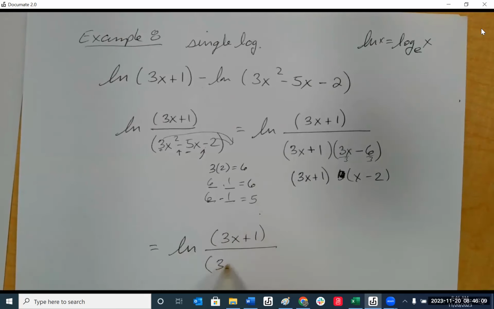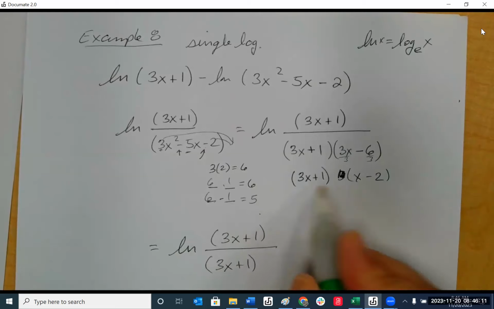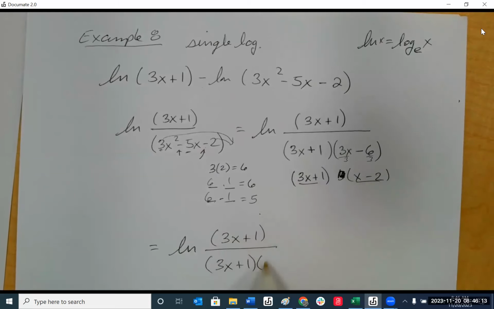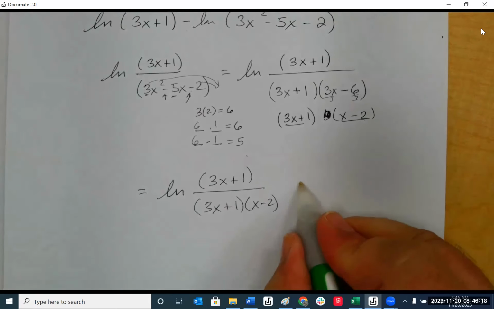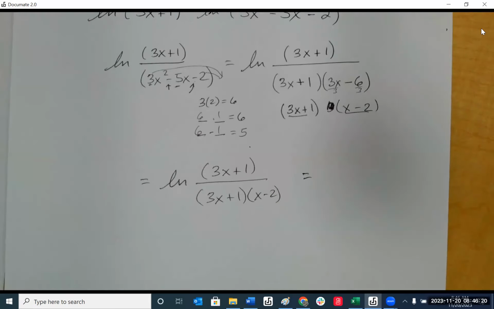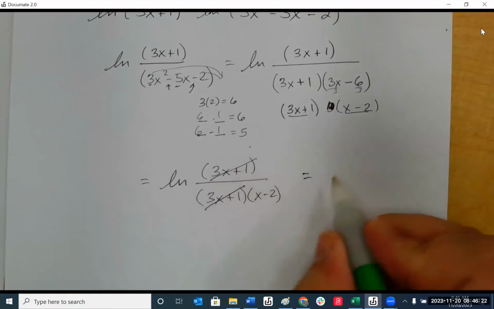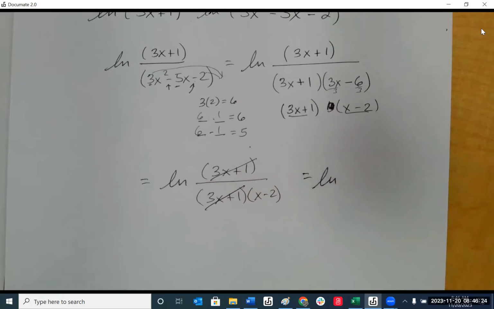So what we have now on the bottom is 3x plus 1 times x minus 2. Can anything cancel? So what's our answer going to be? No.